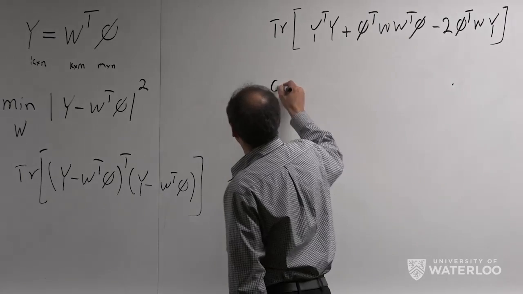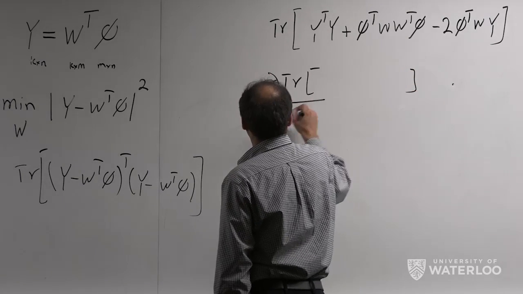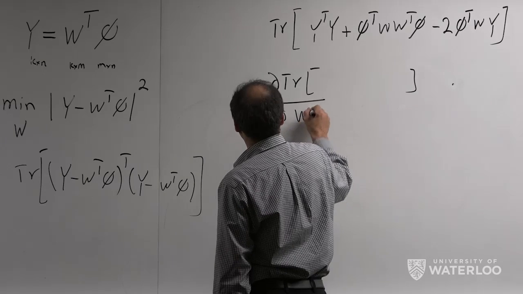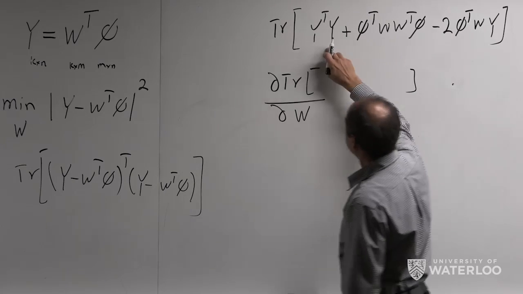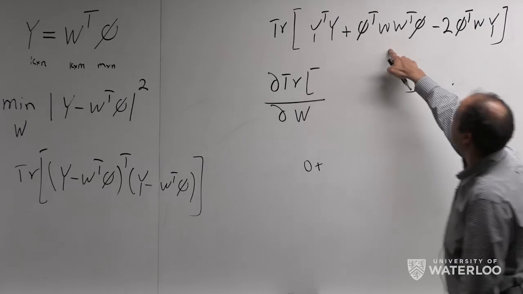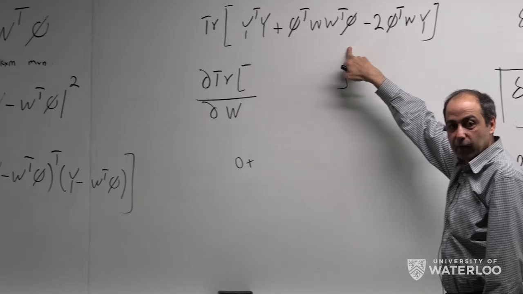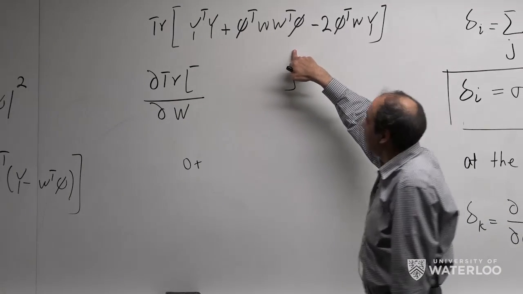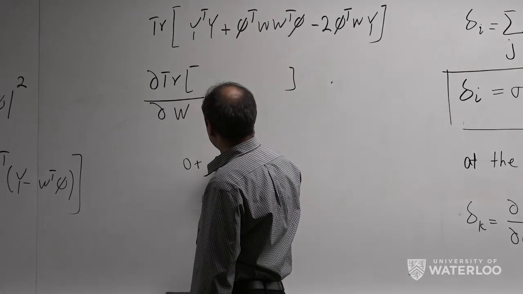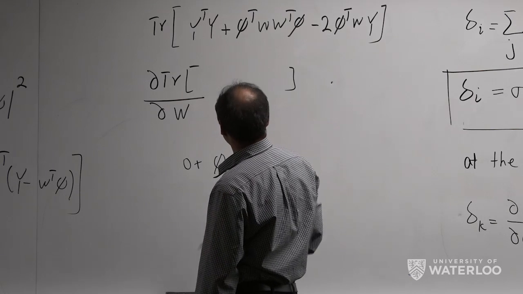And then if you take the derivative of this trace with respect to your parameters W, then the first term is 0. Then you have phi transpose W, W transpose phi. Take the derivative with respect to W. It's quadratic, so it's going to be phi transpose W.